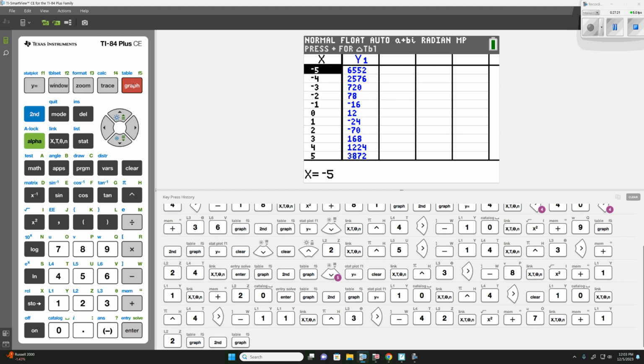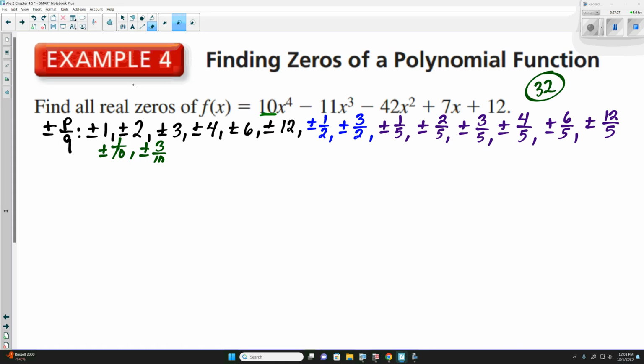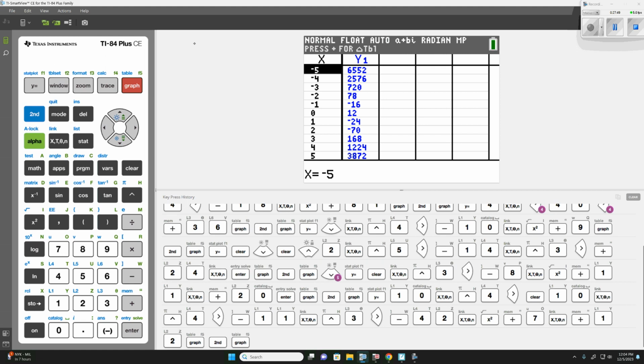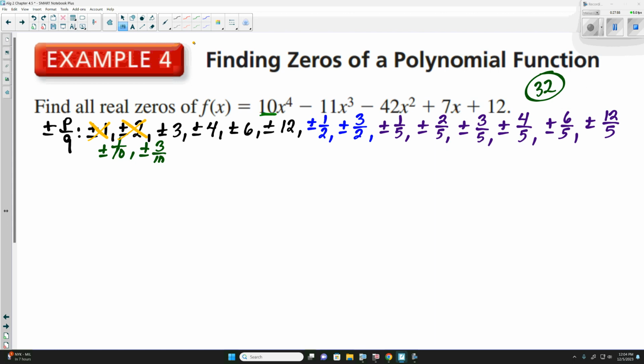So we can say for certain, well, 1, -1, 2, -2, all these here. 1 and -1 is out. 2 and -2 are out. 3 and -3 do not have 0. 4, -4 don't have 0. And really, if we went on and looked at 6, -6, it does not work.